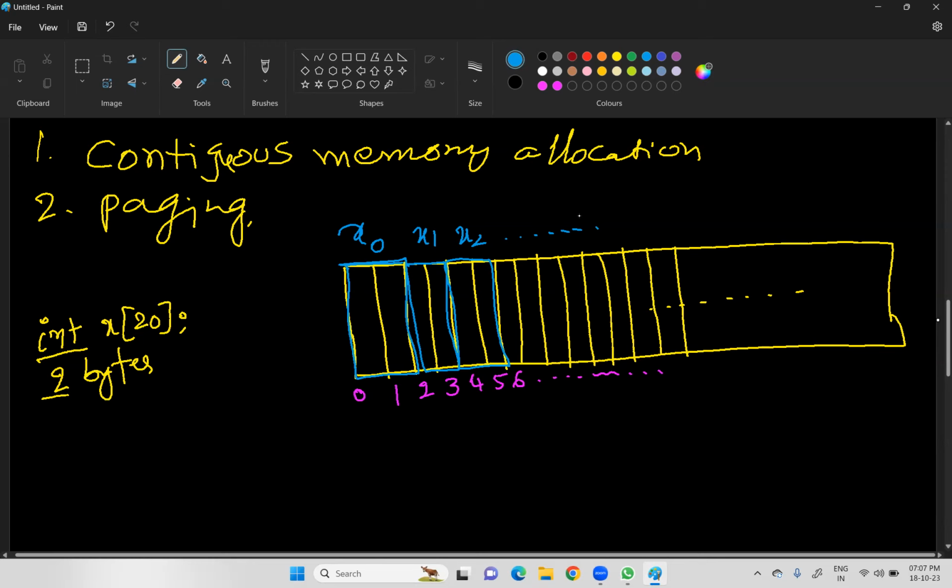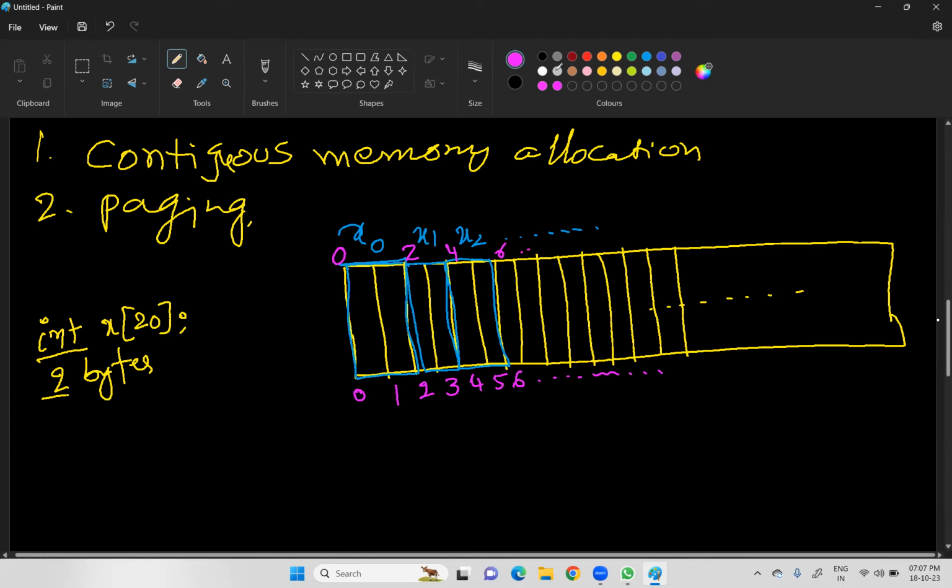What I have specified in blue color, that allocation should be seen like this. Here I'd like to mention that 0 is the address of the first array element, 2 is the address of the second array element, 4 is the address of the third array element, 6 is the address of the fourth element, and so on.